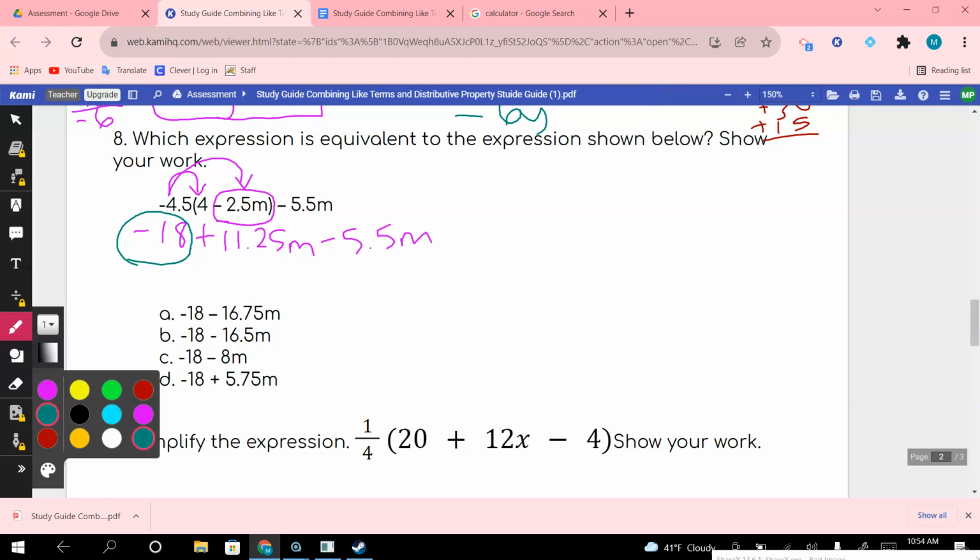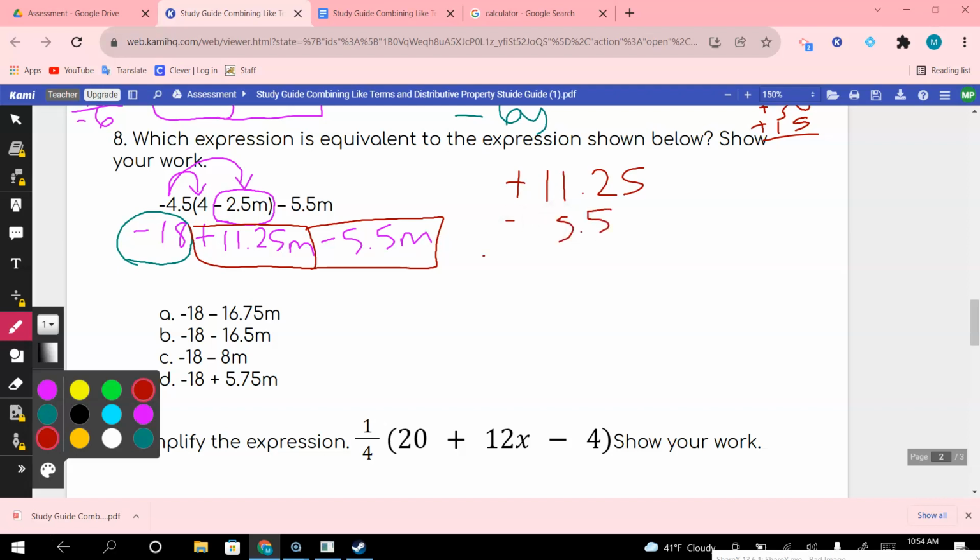And then my other two like terms, we have a positive 11.25 and we have a negative 5.5. So therefore I am going to be subtracting because they have two different signs.